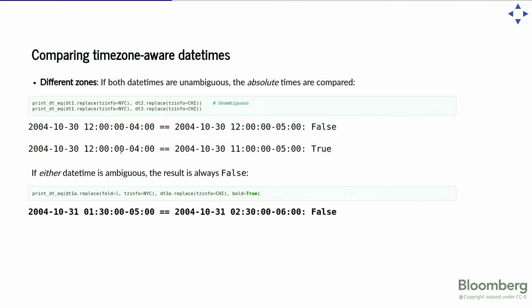These two have different wall clock times, but they're the same absolute time, so that's true. The funky thing is, and this was added in PEP 495, if either date time is an ambiguous time, even if they're the same absolute time, it always returns false. And I don't totally understand why this is, but my understanding is that it has something to do with preserving hash invariance of date times.